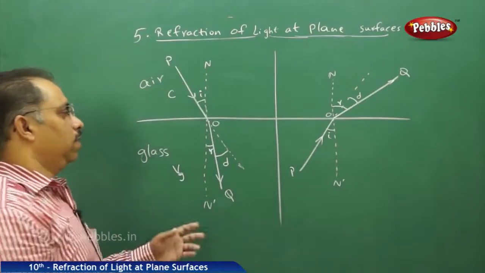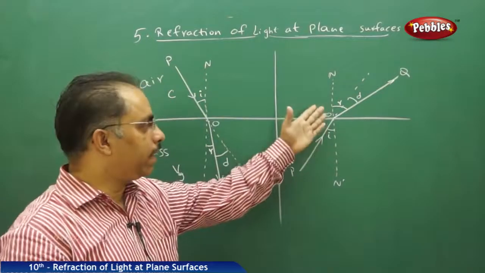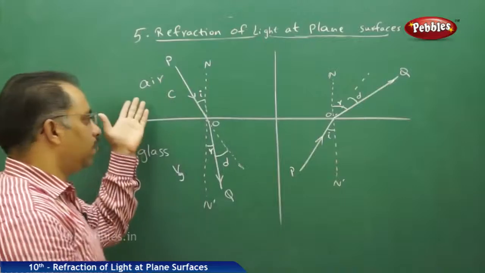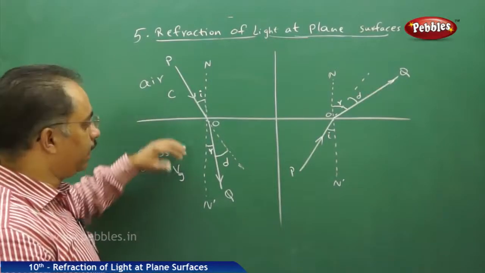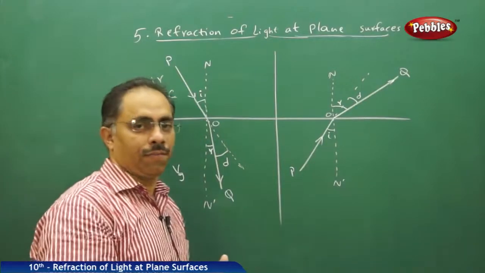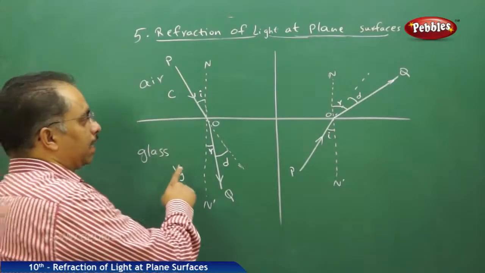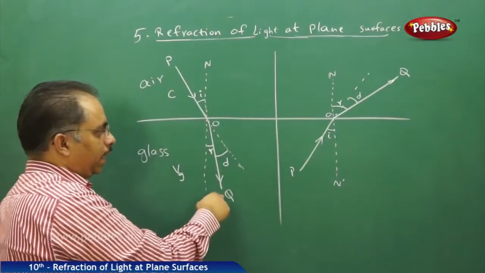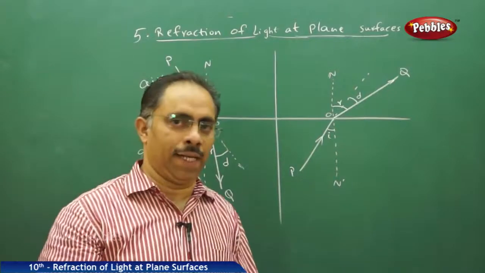Whenever a light ray is traveling from a denser medium to a rarer medium, it is bending away from the normal, and when it is traveling from a rarer medium to a denser medium, it is bending towards the normal. These two are the laws of refraction. And the other thing is that the incident ray, the refracted ray and the normal at the point of incidence all lie in the same plane.